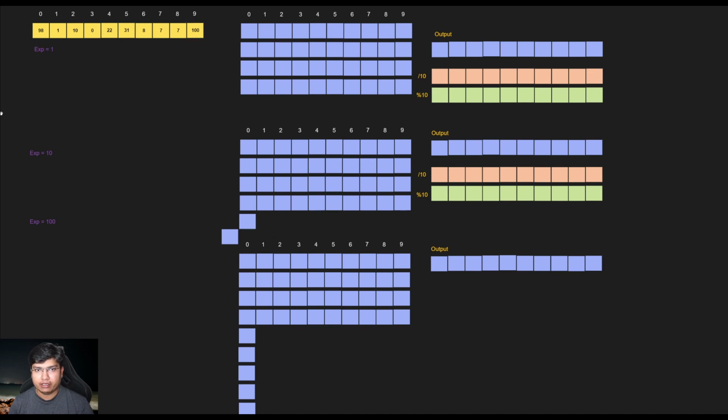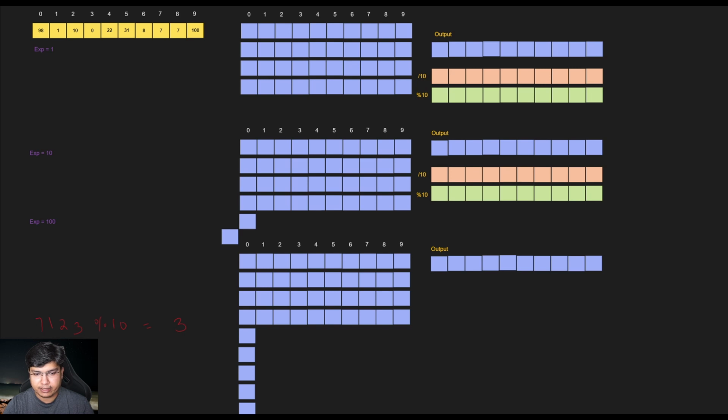Before we begin the actual Radix sort, let's look at the basic math that's required to extract one digit at a time from the right hand side of any number. Let's say we have the number 7123. The way we extract one digit from the right hand side is by taking mod 10, which is equal to 3.